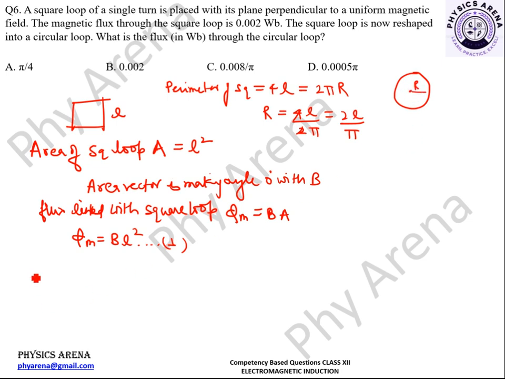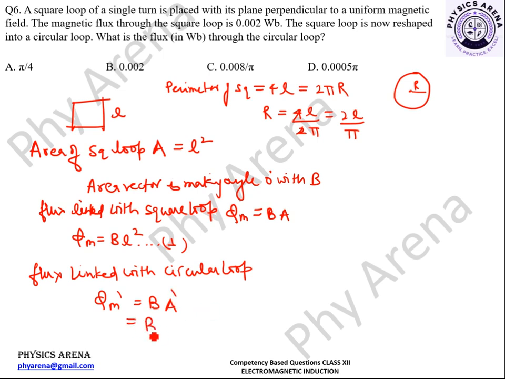Now the flux linked with the circular loop, phi m dash, will be equal to the magnetic field times the area of the circular loop, which I am calling A dash. So that will be equal to B times pi r square, where r is the radius of the circular loop, and the value of r we have obtained as 2L upon pi.